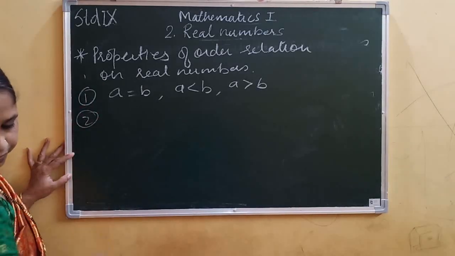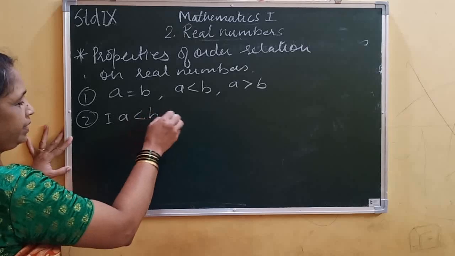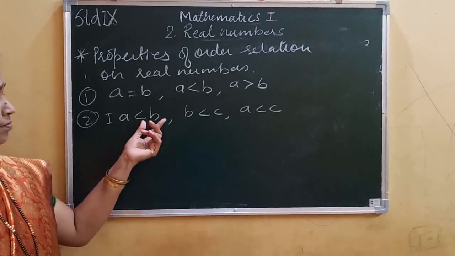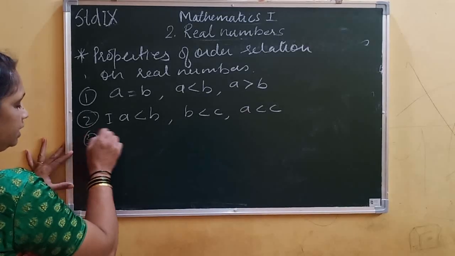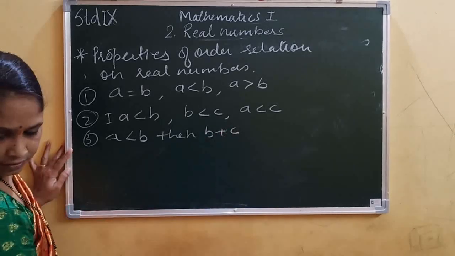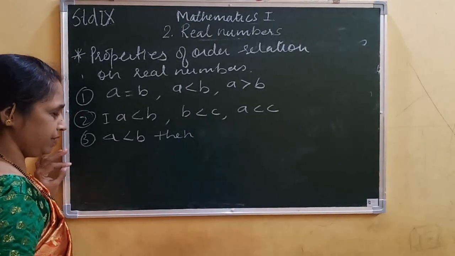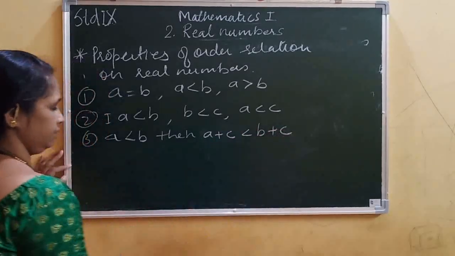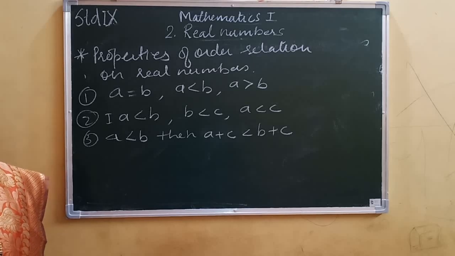Now second is, if A is less than B and B is less than C, then A also will be less than C. Then third, what does it tell? If A is less than B, then A plus C is less than B plus C. Okay, if A is less than B, then A plus C also will be less than B plus C.